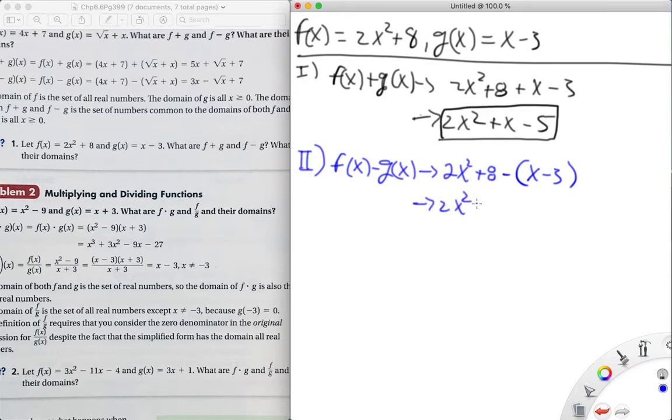That's going to be 2x squared plus 8 minus x plus 3, which gives me 2x squared minus x plus 11. That's plus 5 up here, my fault, plus 5.